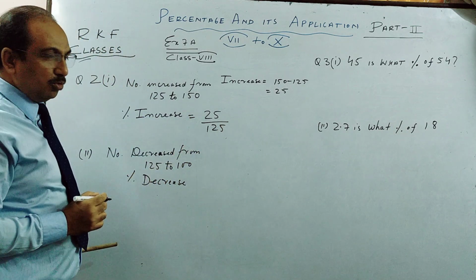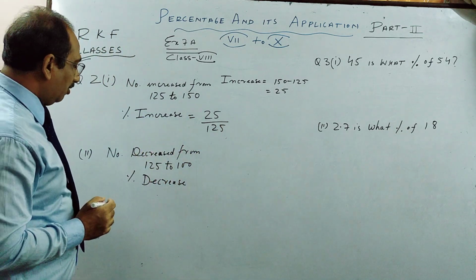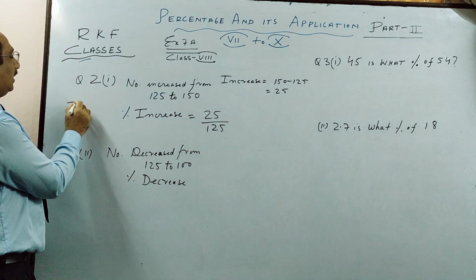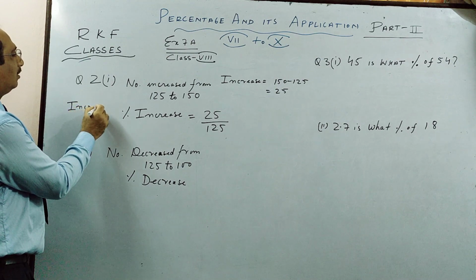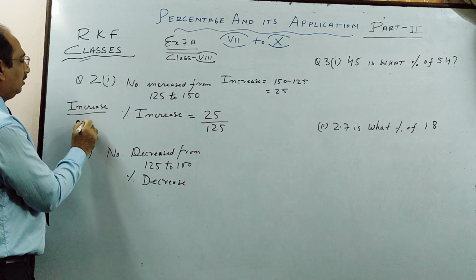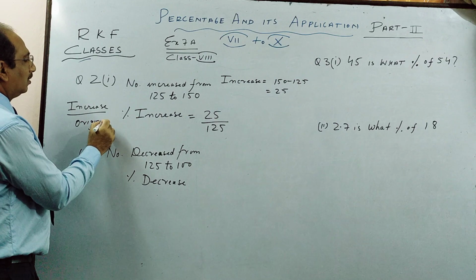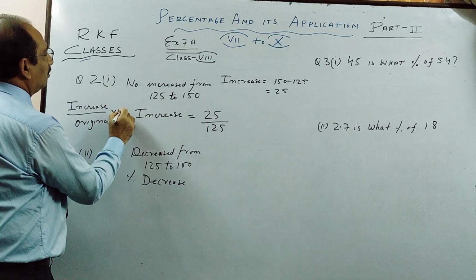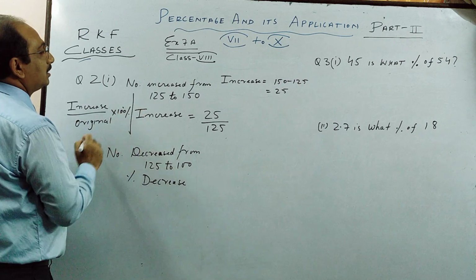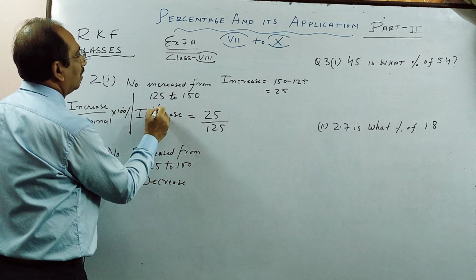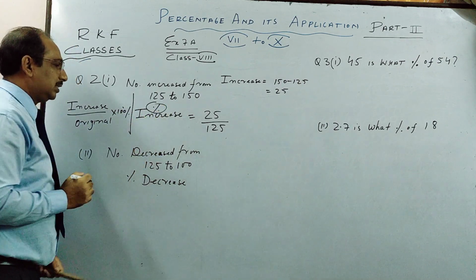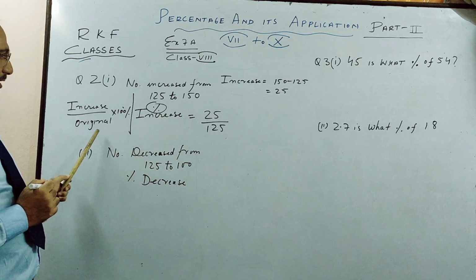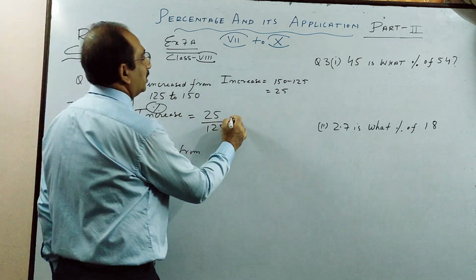If you write the formula, it will be increase by original into 100%. So this is my percentage increase: increase by original into 100%.